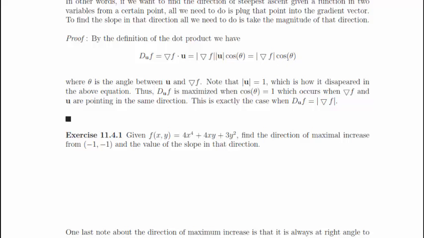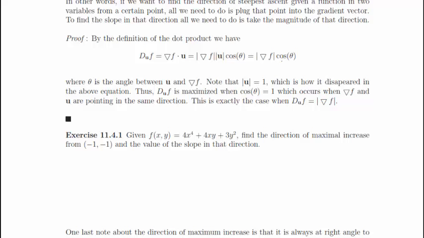So the greatest directional derivative at some point is just the magnitude of the gradient of f. This occurs when cosine of theta equals 1. So the maximum is the magnitude of the gradient, if you will.